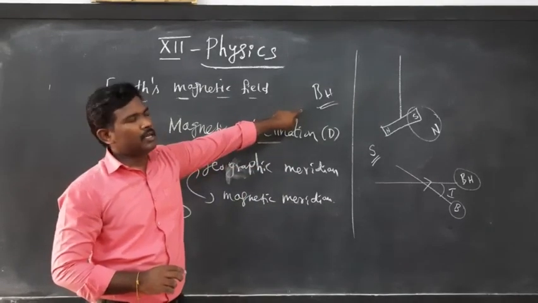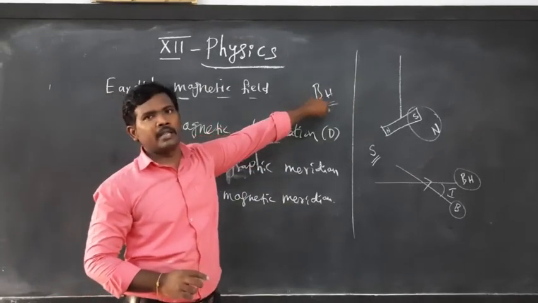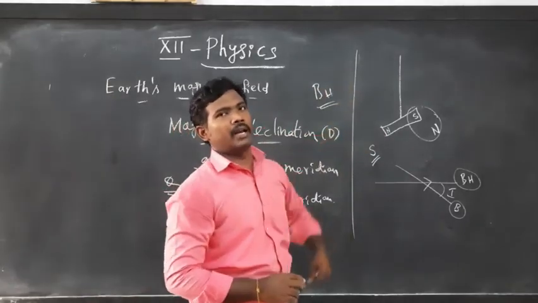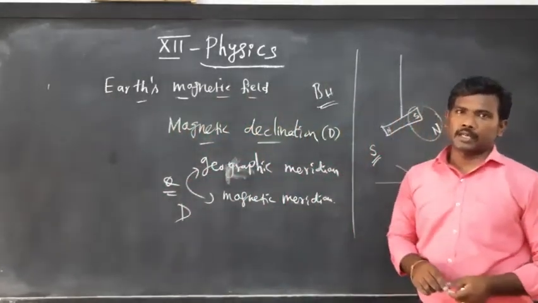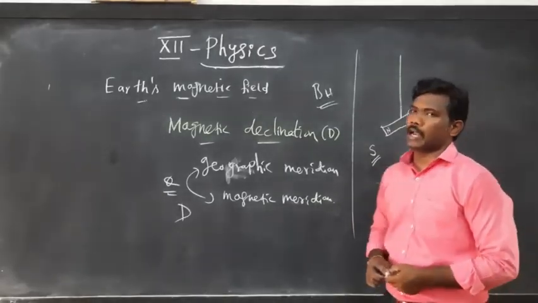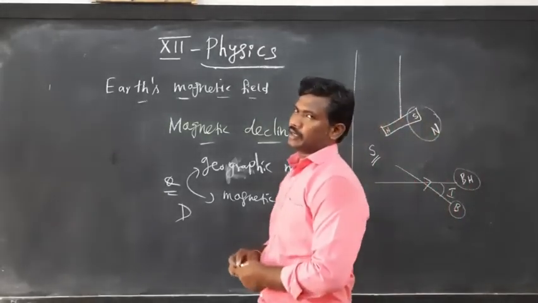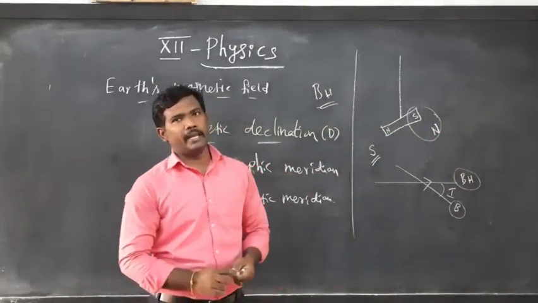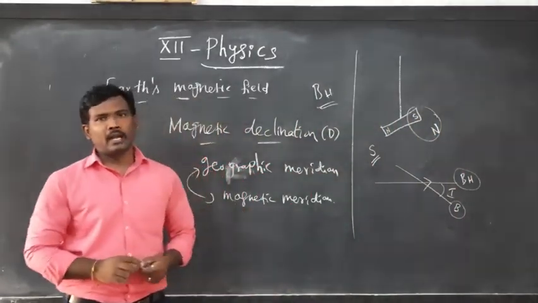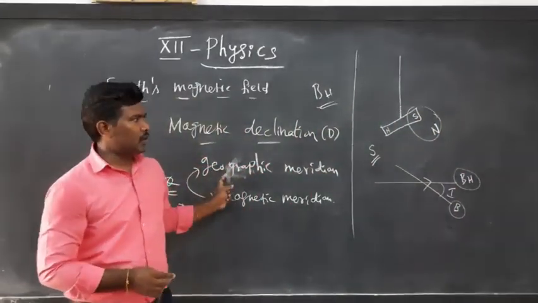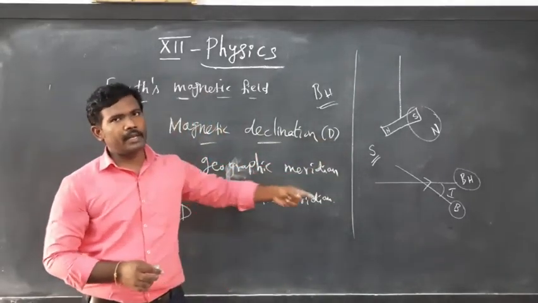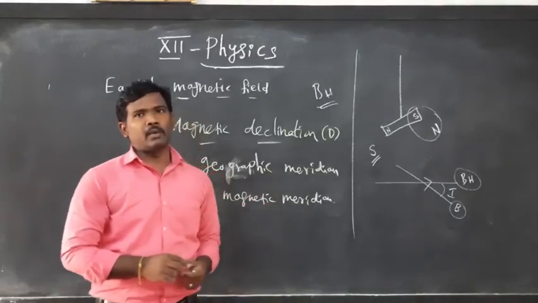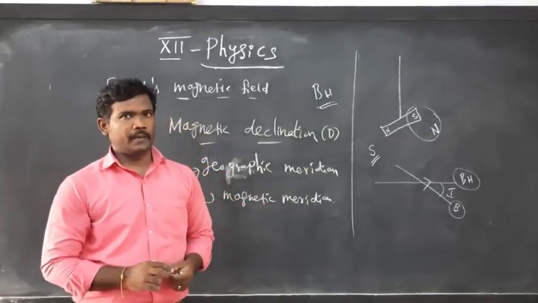The statement is: the component of the earth magnetic field along the horizontal direction of the magnetic meridian. So we discussed all three quantities: declination, inclination, and the horizontal component of the magnetic field.